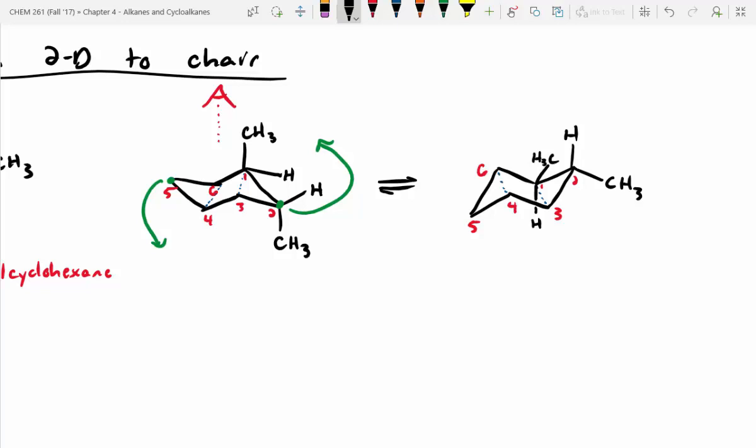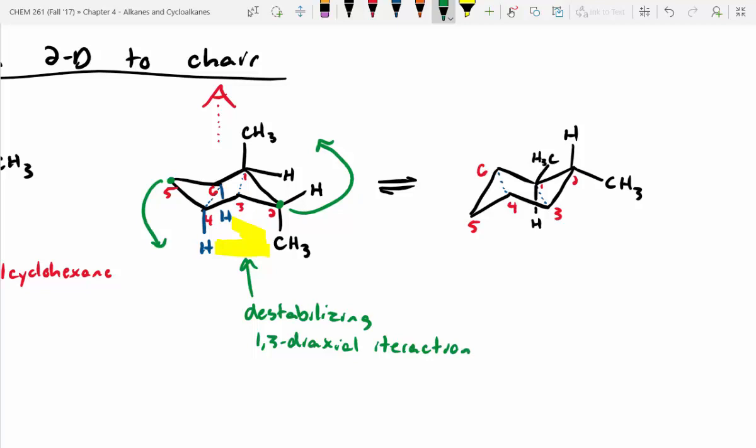So what I mean by that is, let's draw the axial positions coming off here and then here. This methyl group is close in space to those two axial protons. So this is a destabilizing 1,3 diaxial interaction.